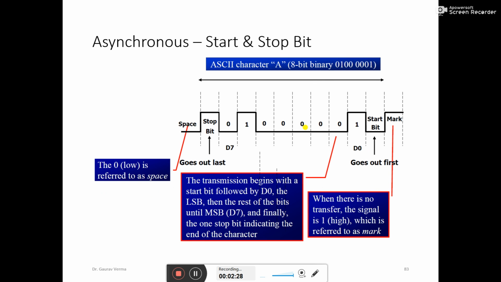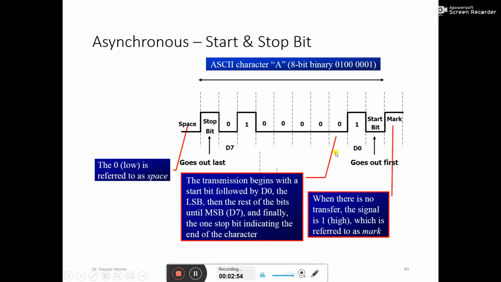So that is asynchronous communication, and this is the frame for transmitting data from one side to the other. There is a space, stop bit, D0 to D7, this is the data, and then the start bit is also there. Then there is a mark. When there is no transfer, the signal is 1, which is referred to as mark.